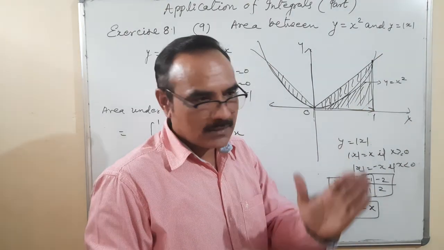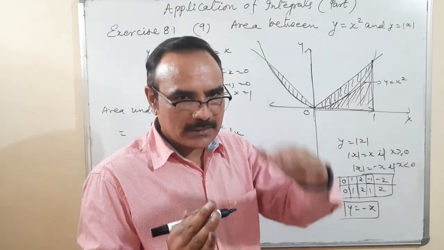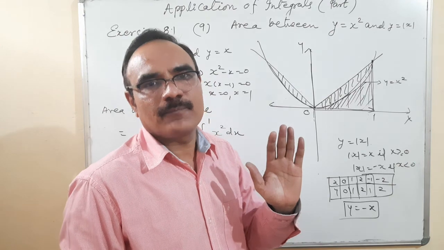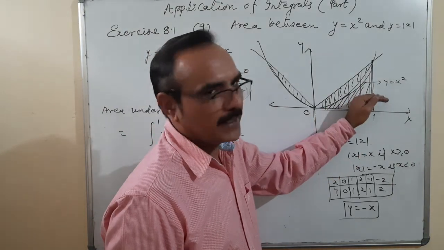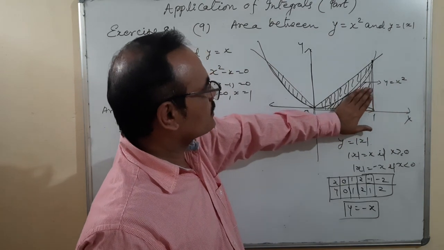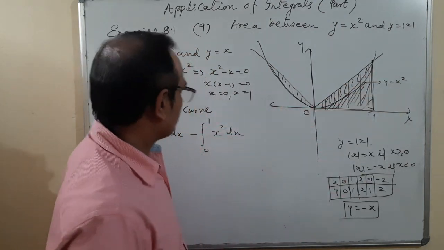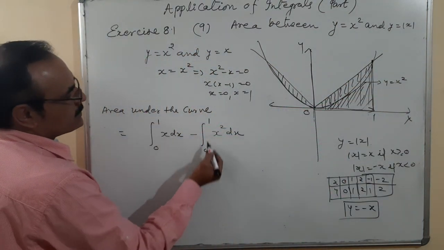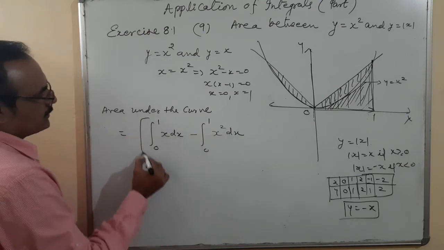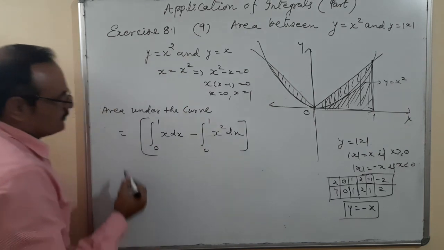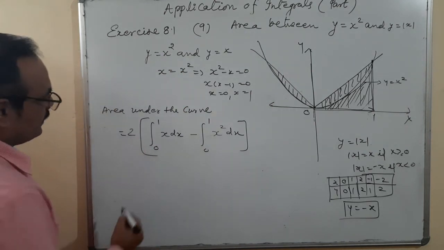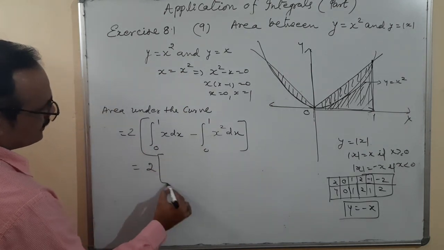Because what is the mechanism? Limit along the x-axis will give the complete area in integration. So 0 to 1, this lower area we are getting. When we subtract this area, the remaining is this: 0 to 1 x dx minus 0 to 1 x square dx. And the same condition on the left hand side also, therefore 2 outside.